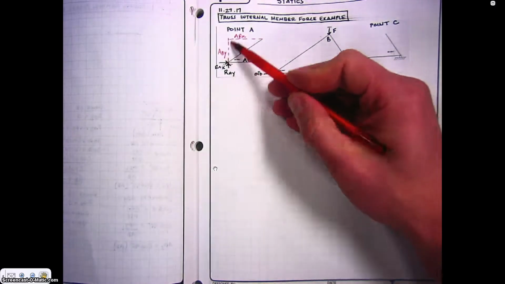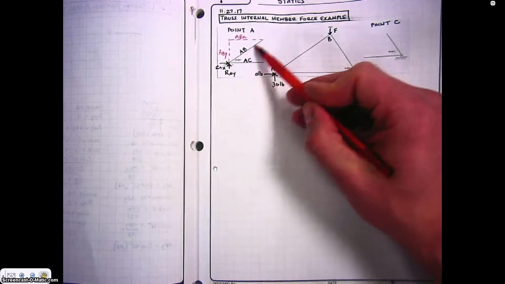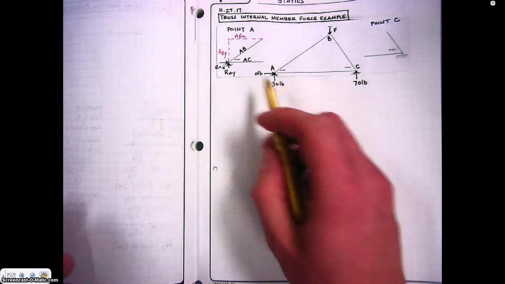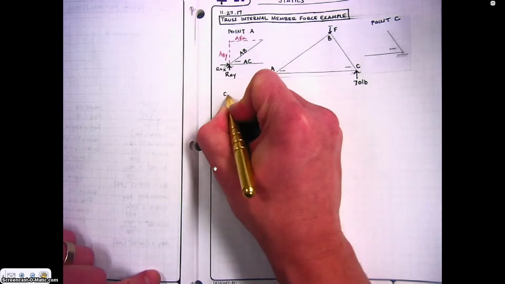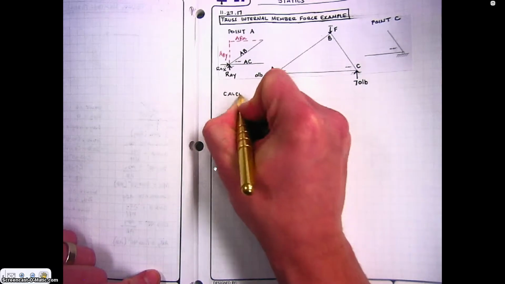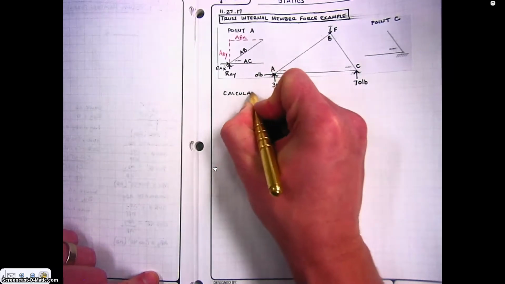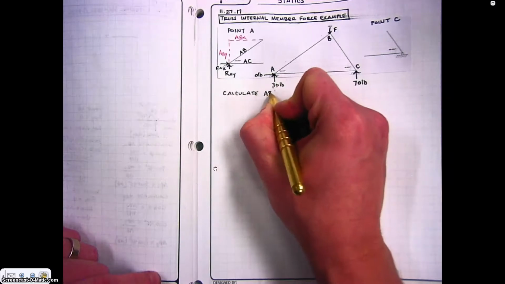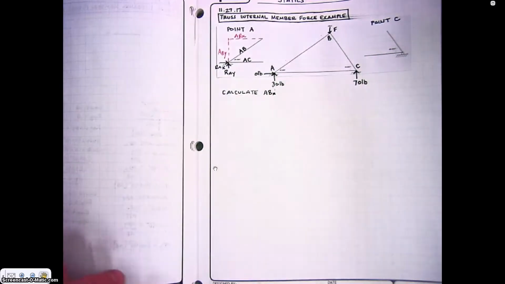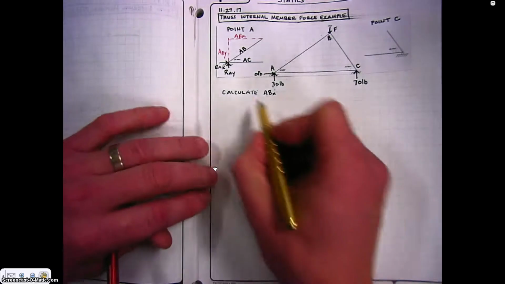Once we find these two, we can figure out the force on this member. Alright, the first thing we're going to do is calculate ABX. I'll write that right here: the force of member AB in the X direction. That's what we're calculating.